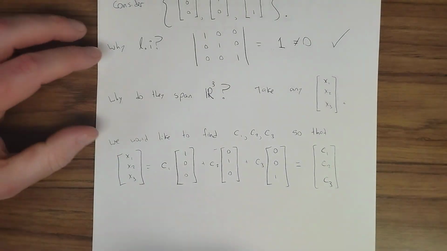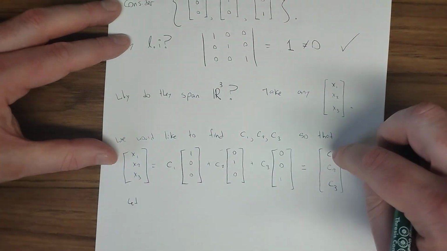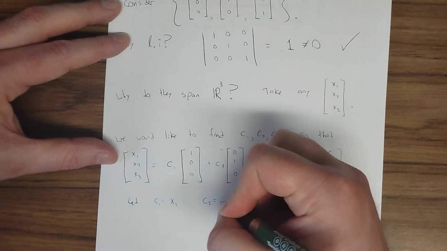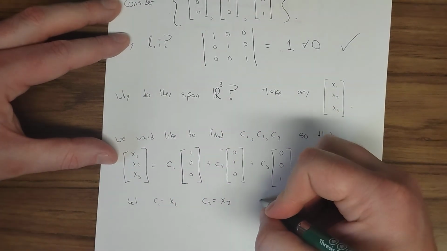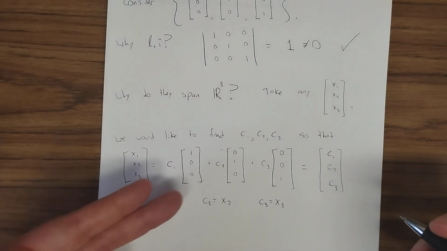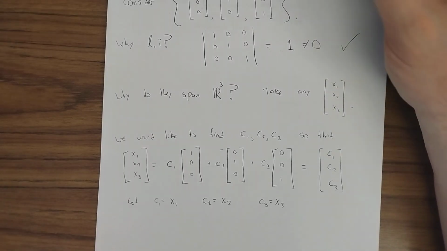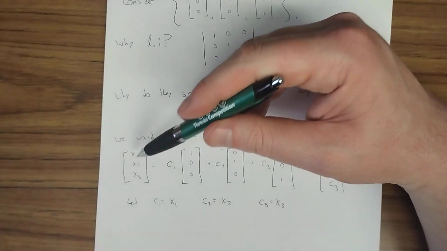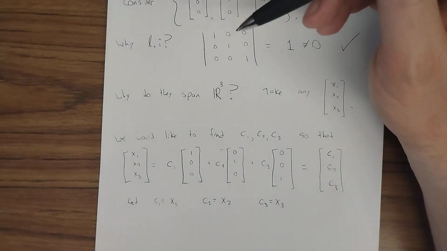So my solution is C1 is x1, C2 is just x2, C3 is x3. So sure enough, they do depend on x1, x2, x3, and that's fine. The point is I'm always able to find a C1, a C2, a C3, no matter what the x's are.